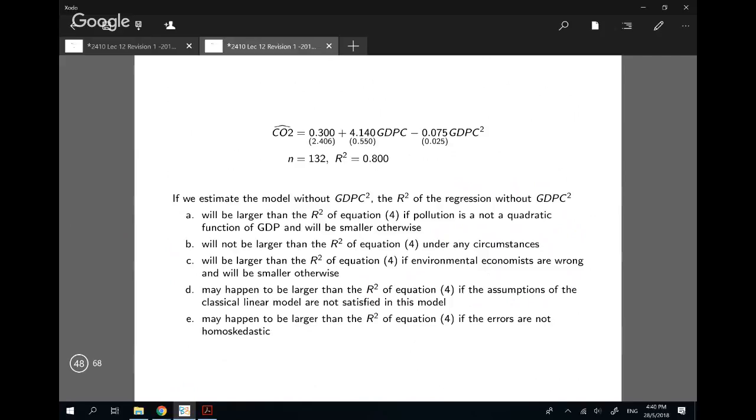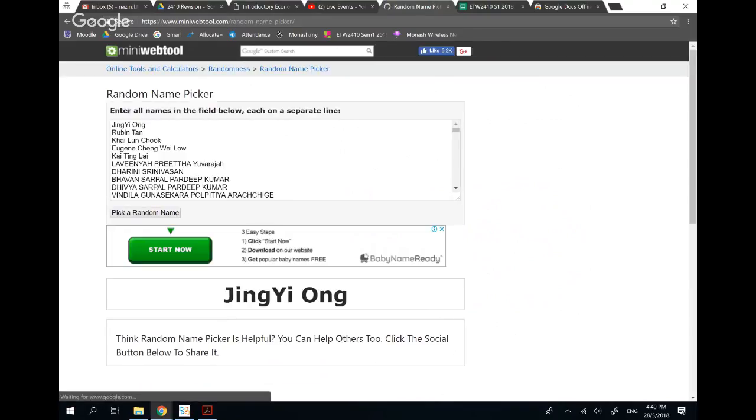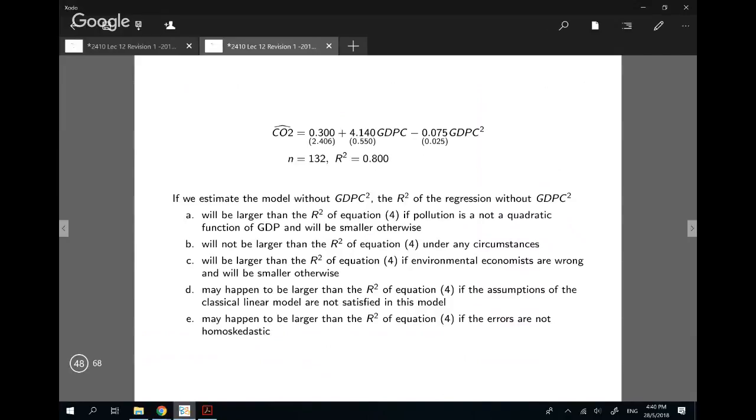Okay, it's SRS conditional. If we estimate the model without GDPPC square, the R square of the regression without it will be, which one? Okay. B: it will not be larger than the R square of equation 4 under any circumstances. Why is that?